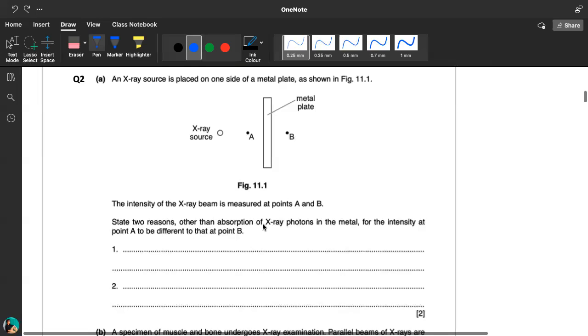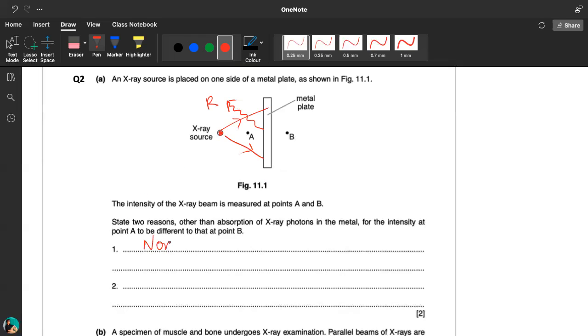Two reasons, other than absorption, why the intensity is different. You have reflection. Also, the source is a point source, so the ray is spreading. So it's going to be a different intensity again.